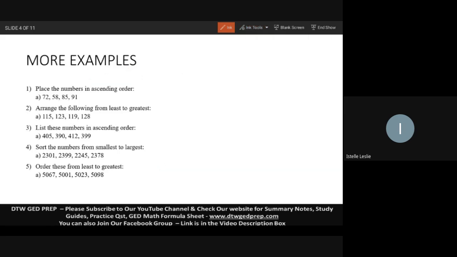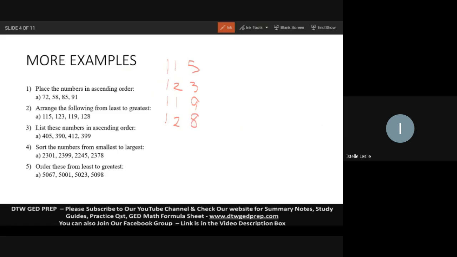So for the second one, we do the same to arrange from the least to the greatest. That's the same thing for ascending order, from the smallest to the greatest. So if we align them, we have 115, 123, 119, 128.